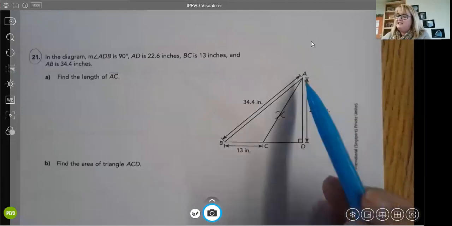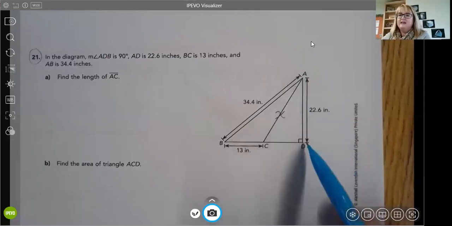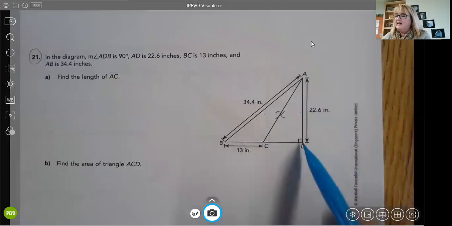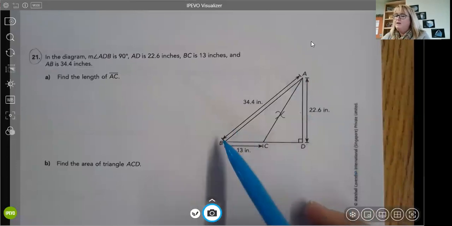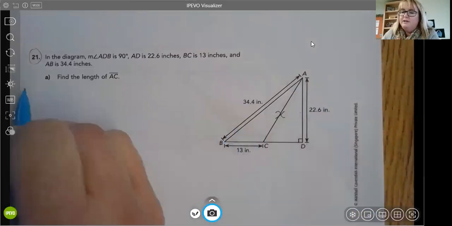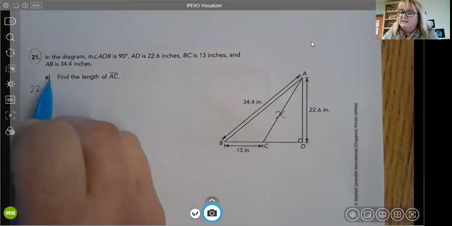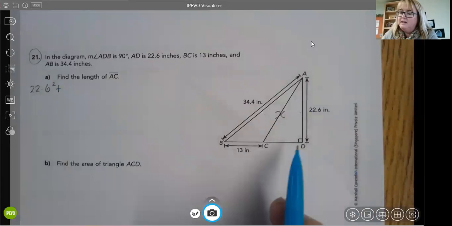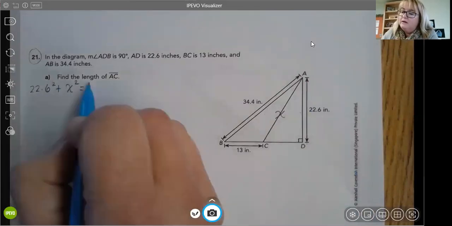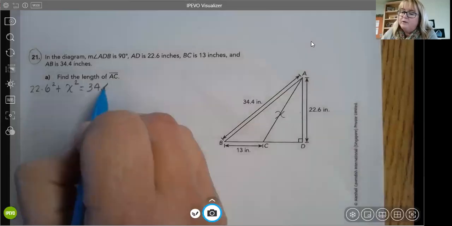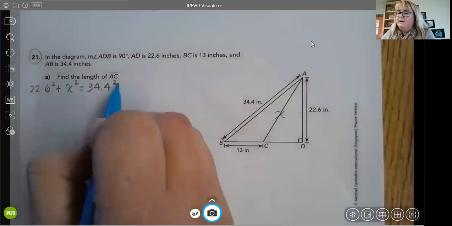So 22.6, that is a leg. This is a leg, and 34.4 is my hypotenuse. So I am going to do 22.6 squared plus, this is our unknown, x squared equals 34.4 squared.